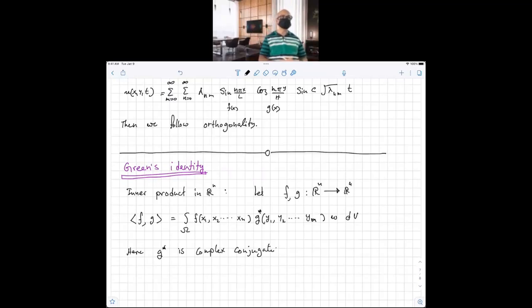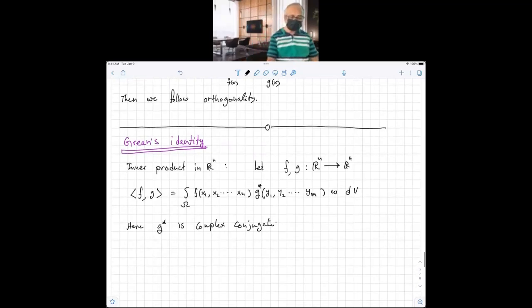Generally in a PDE course we deal with real-valued functions, so g star will just be g. Okay, so that's our starting point.